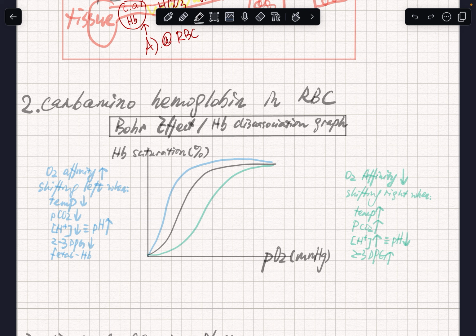And then according to our different biological phenomena, our body reacts differently, right? So sometimes, for example, when we exercise, our body temperature will increase, right? And then our CO2 level will increase.